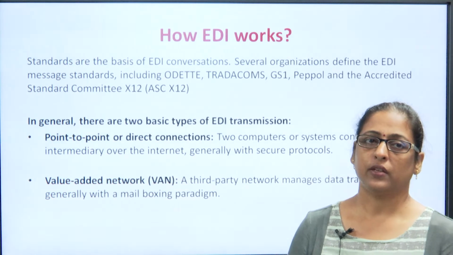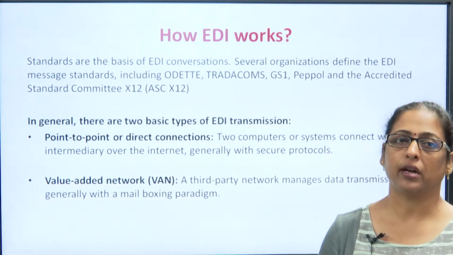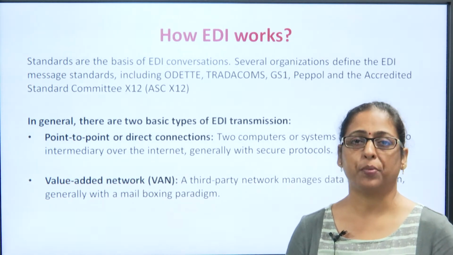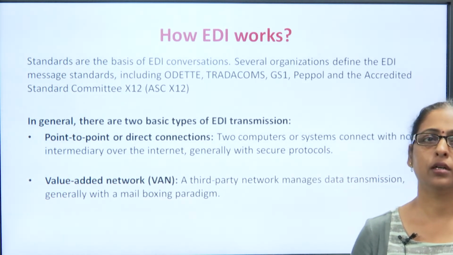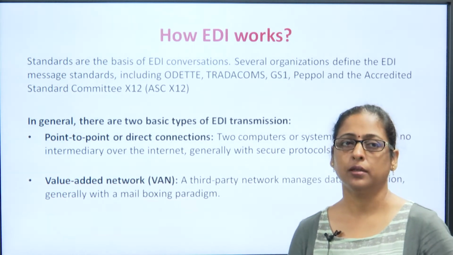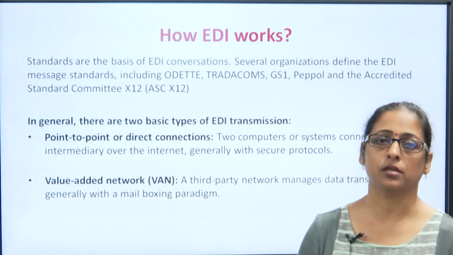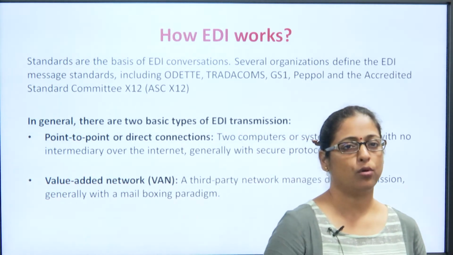So, in general, there are two basic types of EDI transmissions. The first is point to point or direct connections, and the second is the value added network, more popularly known as VAN. Let us understand what these two EDI transmissions are. Point to point or direct connections are between two computers or systems which are connected with no intermediary over the internet.